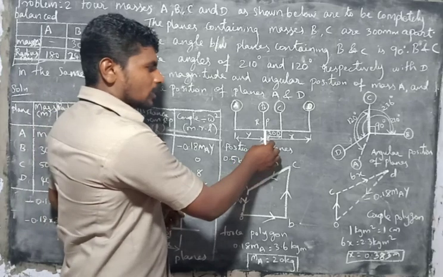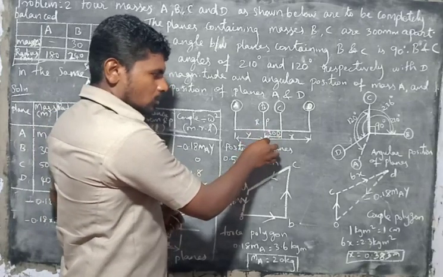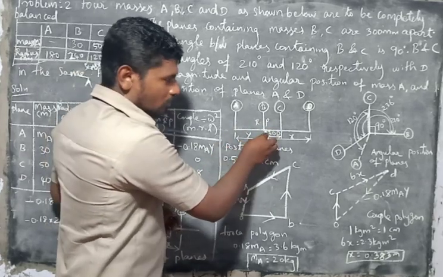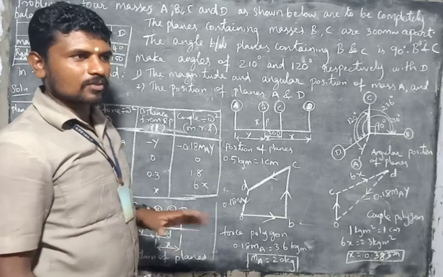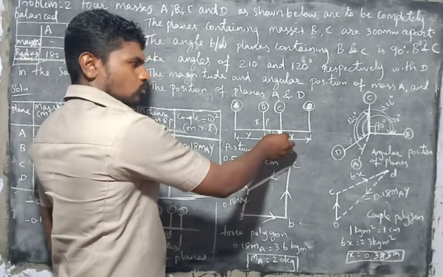If I consider the reference plane as B, then B to A, what's the distance? Otherwise B to D, what's the distance? Otherwise we can take the reference plane as C also.